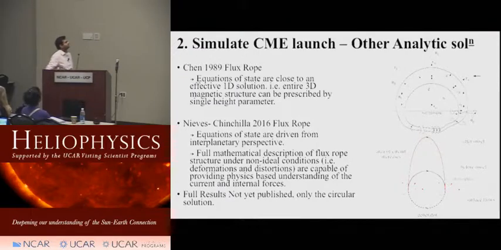There's another solution that's coming out in publication now, by Nieves Chinchilla, and she's created it from a heliospheric point of view. She looked at it from space, using time series of in situ data, and tried to create a mathematical solution that allows for many different current densities.